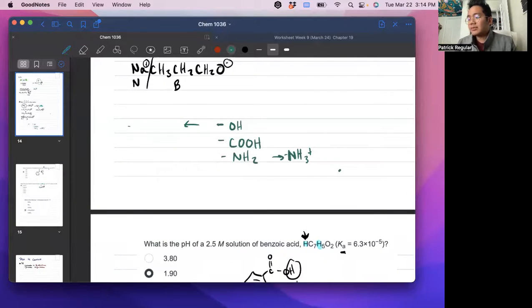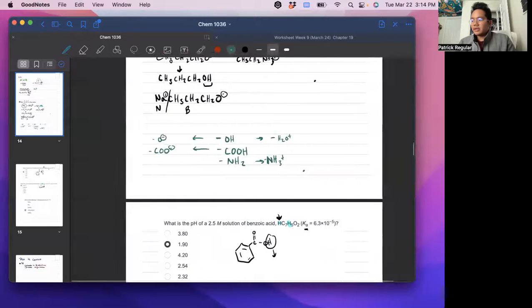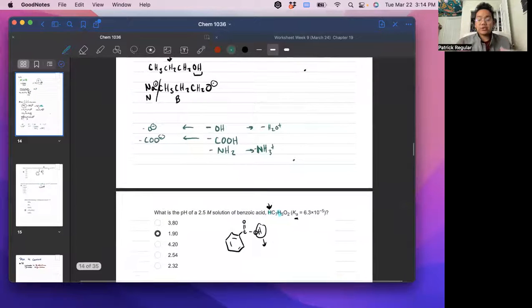OH, if it was deprotonated, would just be that O minus. It could be protonated as well, sometimes, not all the time, to H2O plus. And then the carboxylic acid will be COO minus, and that'll just be a carboxylate ion. All right, so these are some of the functional groups that I hope you guys can recognize, and they should be present in pretty much all of these complex biological compounds that you run into in the coming tests, okay?